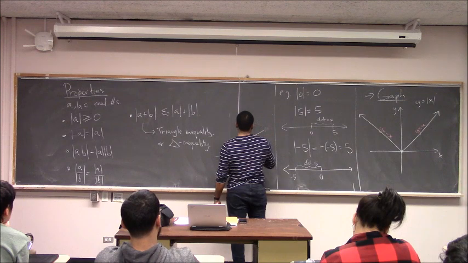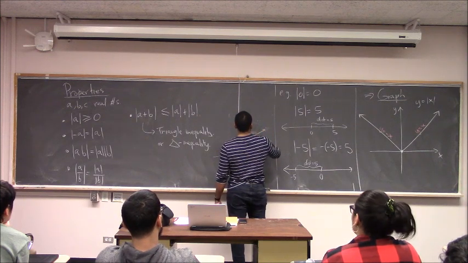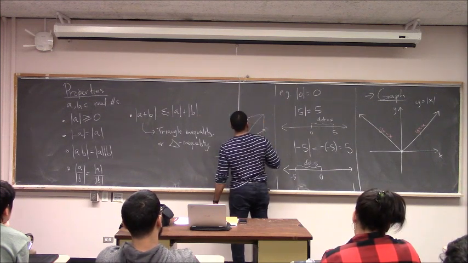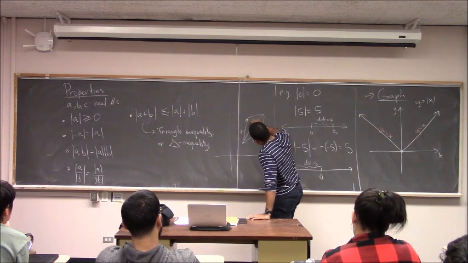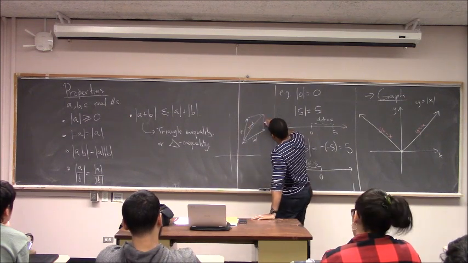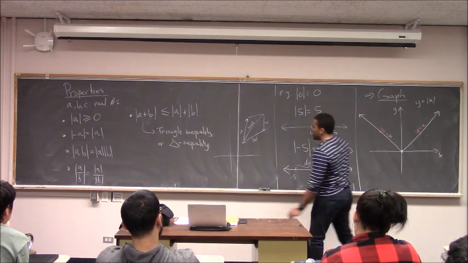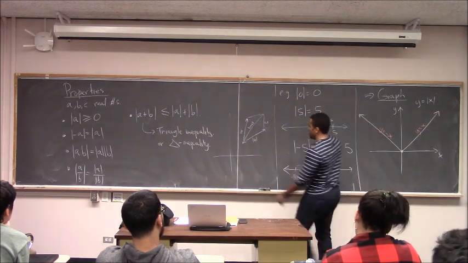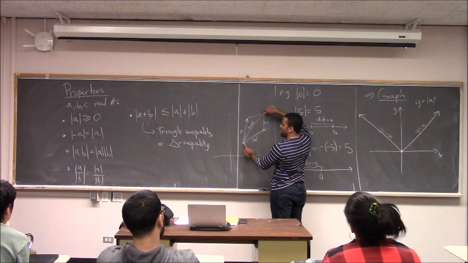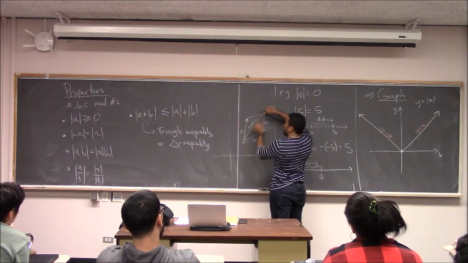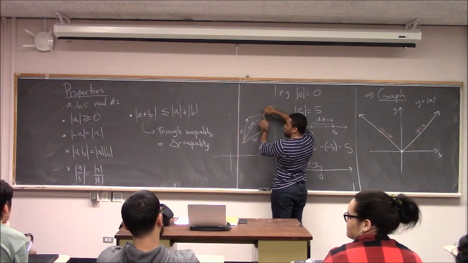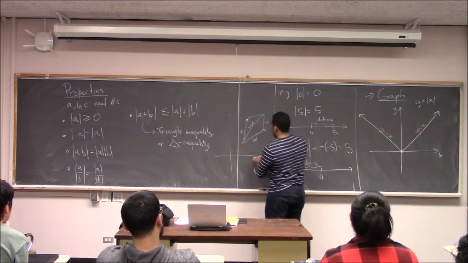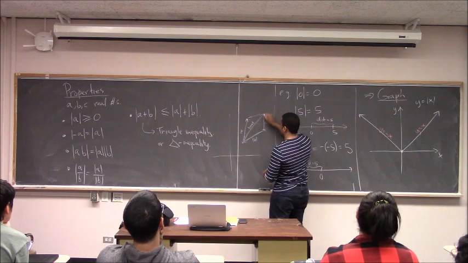It's not going to matter, but this will be A plus B, and this will also be A. So basically the triangle inequality is a fancy way of saying the shortest distance between 2 points is a straight line. Traveling along A plus B is going to be shorter than traveling along A and then B. And then that forms a nice little triangle right here.